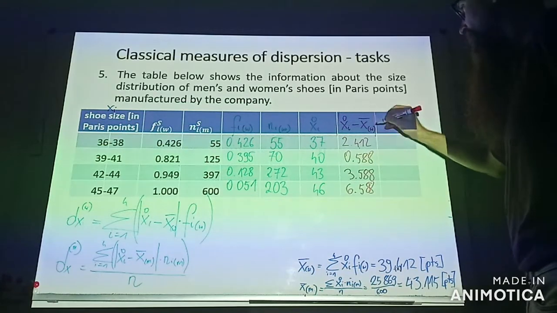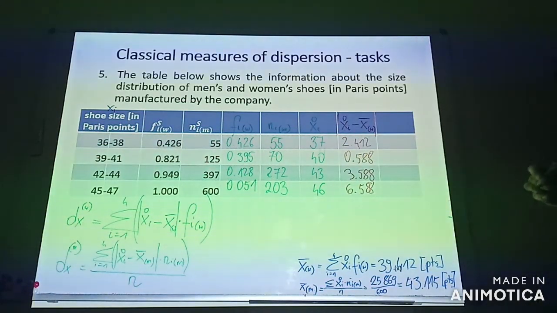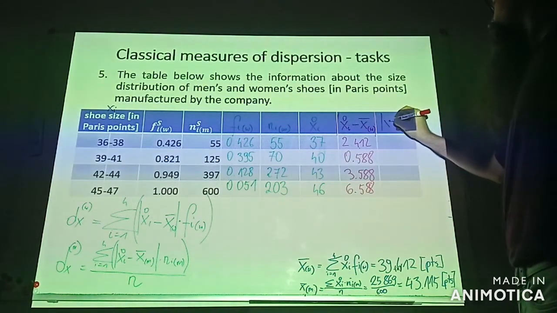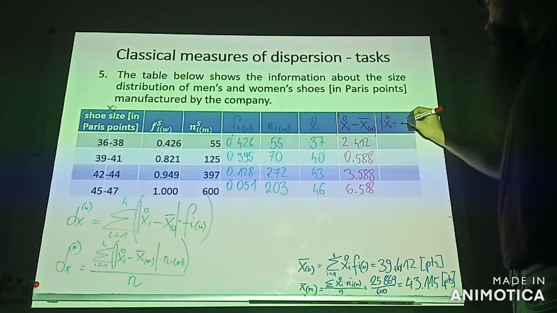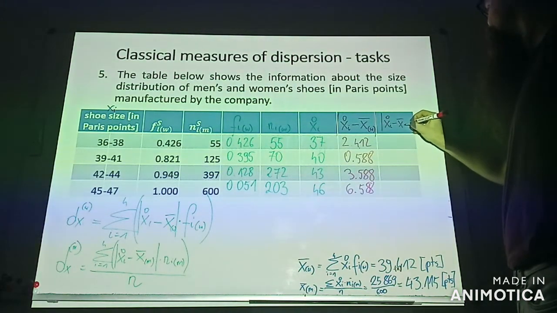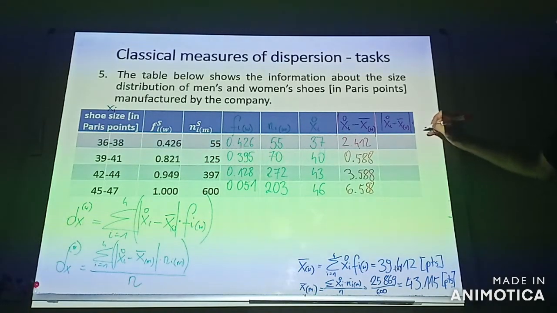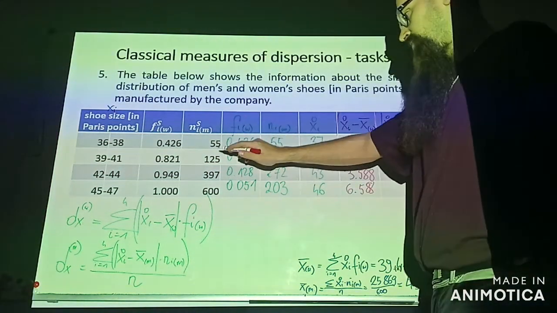I need the space for the next column in which the modules of the deviations will be multiplied by what?